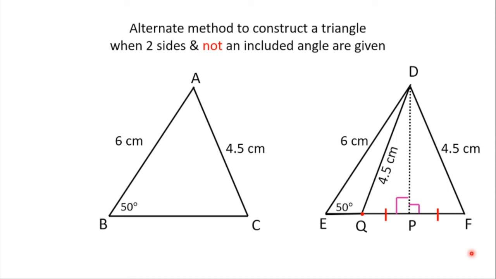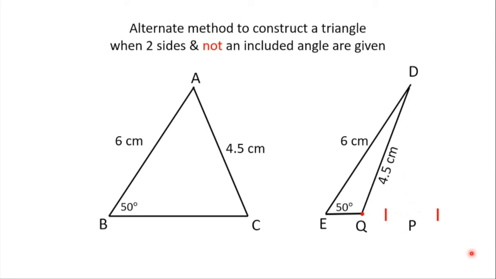Now let us dissolve some of the line segments and try to understand another important point. Observe carefully, friends, the measurements of the two triangles. Here the measurements are 6 centimeter, 4.5 and 50.